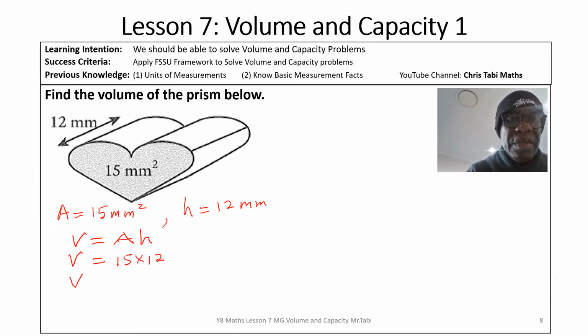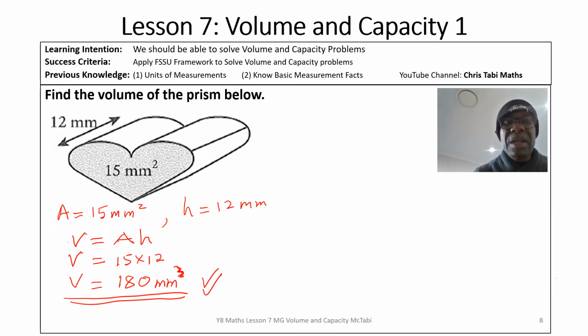And that gives us 180. And the unit is cubic millimeters. Remember, when you write a number, to also attach the units.